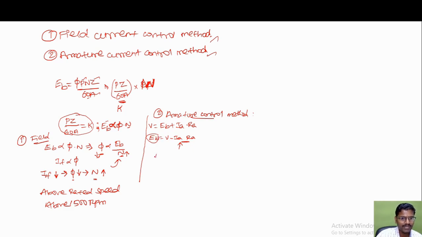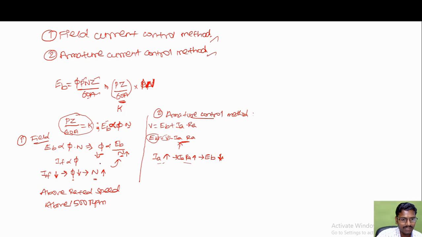If I increase Ia, then the Ia Ra drop increases, which will directly affect EB, so EB will get reduced, right? I'm going to increase this drop, so when I subtract it from V, EB gets reduced.